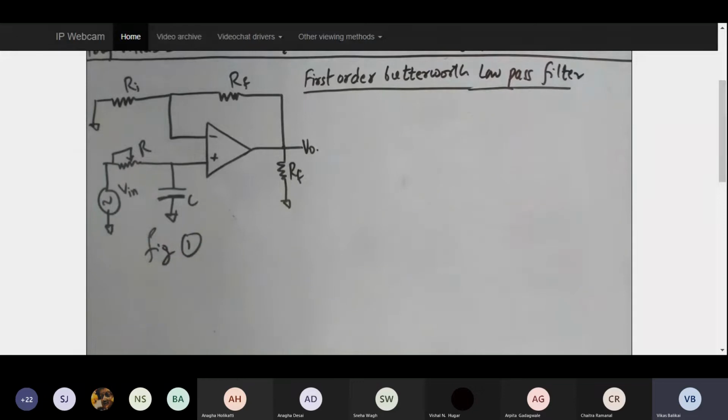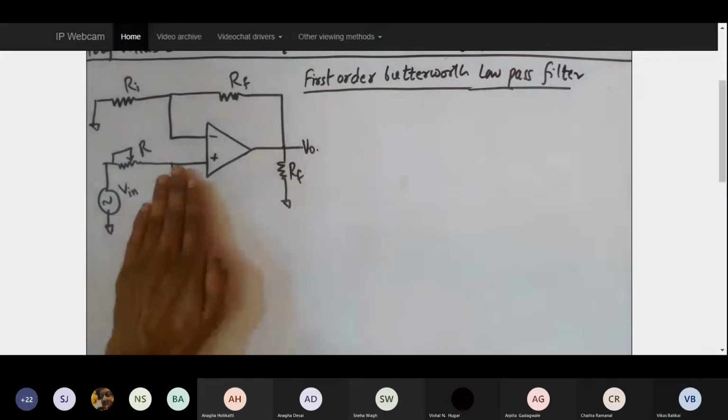If I ask you, can you see a resemblance of this circuit with any of the previous circuits you have learned? Yes, sir, this clearly resembles the non-inverting amplifier. See, if I just remove this capacitor, isn't it going to behave as a non-inverting amplifier?